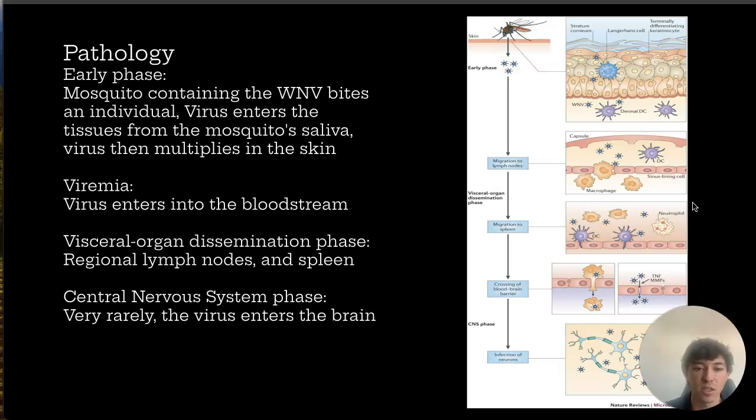Viremia, that's where it enters into the bloodstream, and this is where it can enter into the central nervous system via the blood-brain barrier, which not much research has actually shown the mechanism of how that happens, which I'll get into later. The visceral organ dissemination phase is most common, where it attacks the regional lymph nodes and spleen.